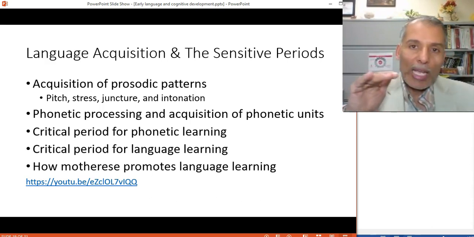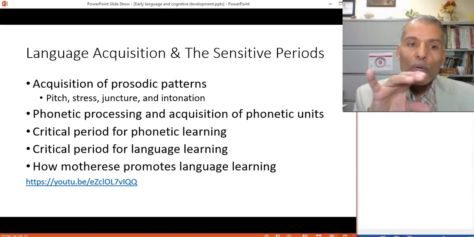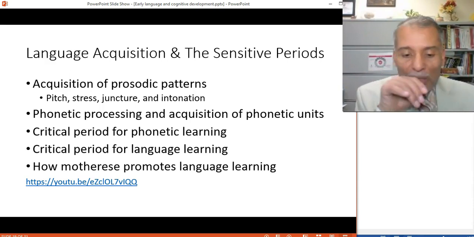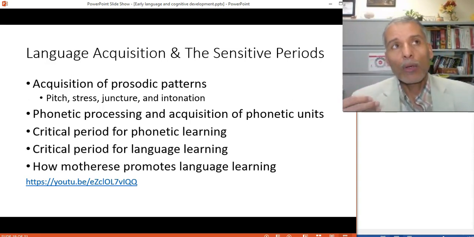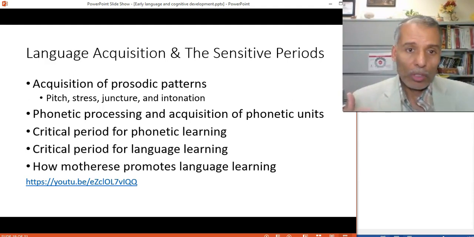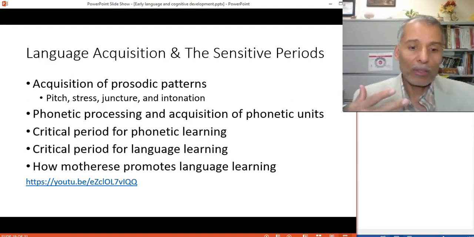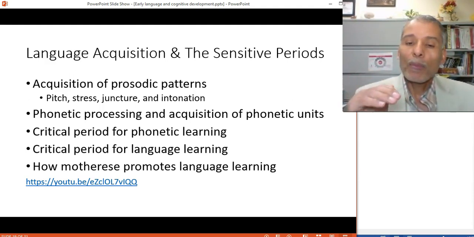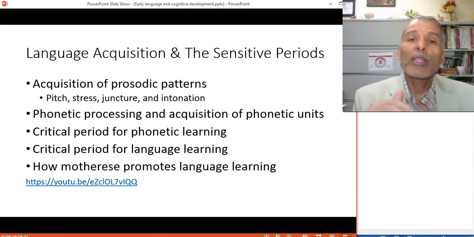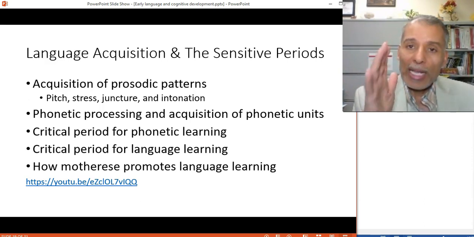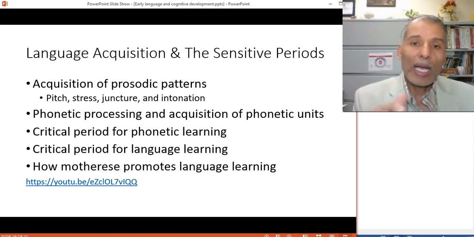And usually it's about age 15, or in other words, puberty. If someone is going to immigrate to another country, where he or she will speak with the natives and live in that country for a while, if it's before 15 years of age, they will be able to speak that language with a native accent. They would not have a foreign accent.